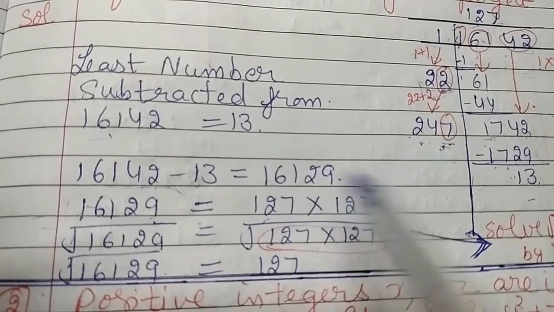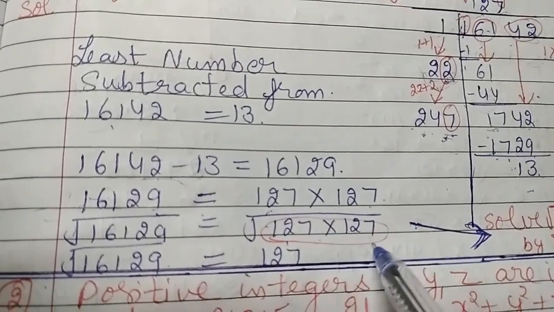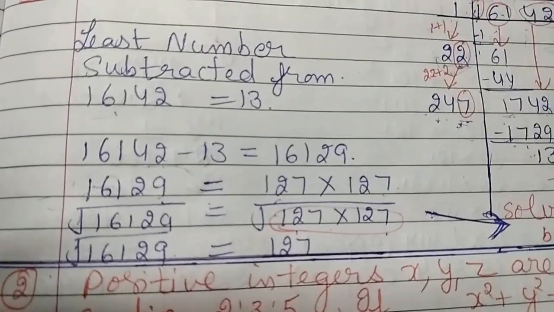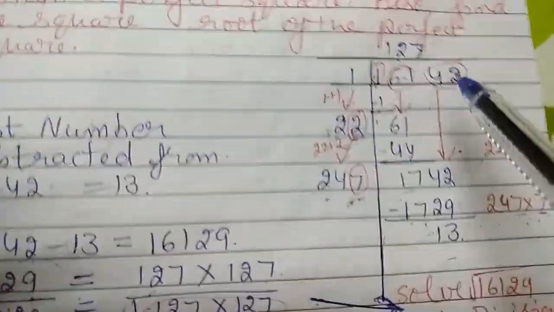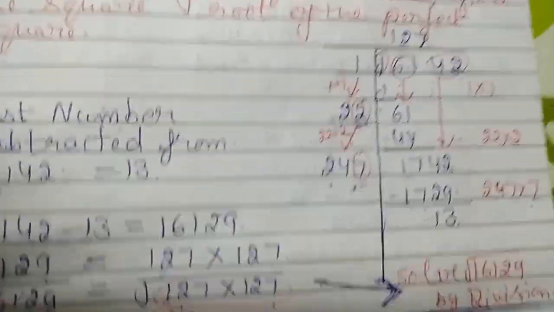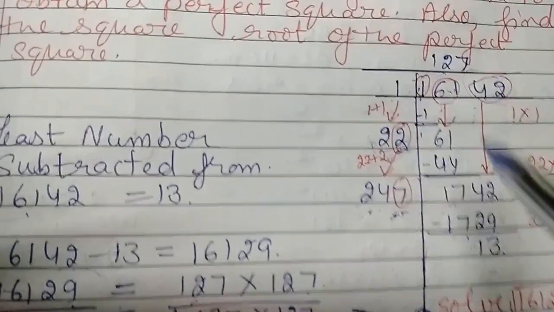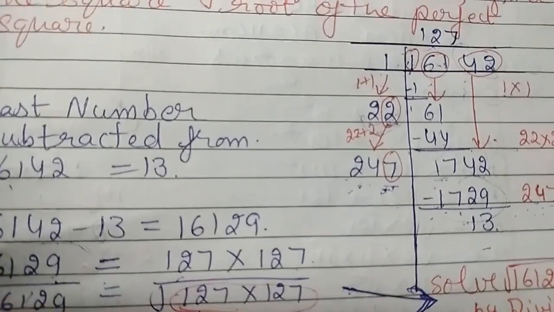In short, I write here the pair 127 into 127, and the square root of 16,129 is equal to 127. So how will you do the division? You go with the same division again. Up to this point it will be the same. 247 is the same, so here you easily get 1742.